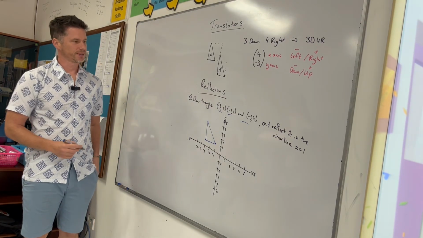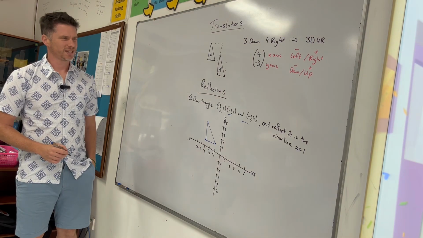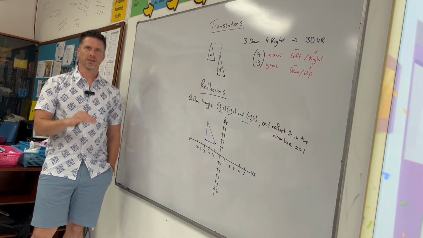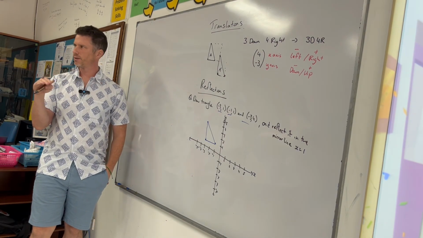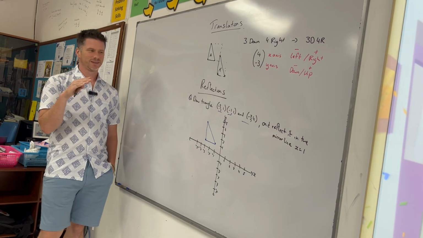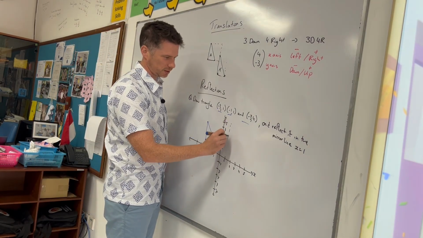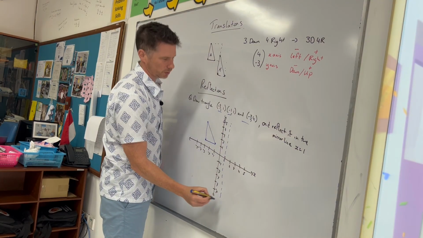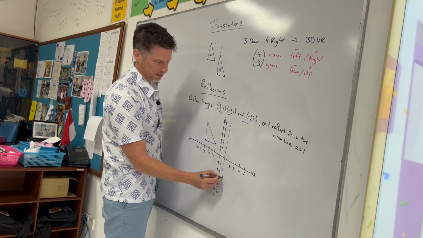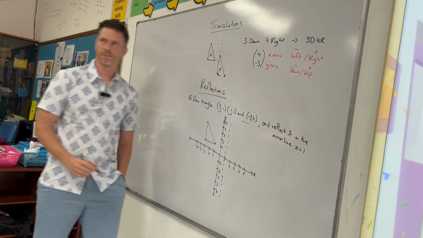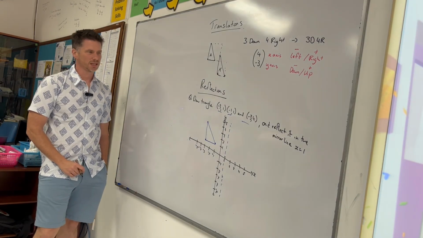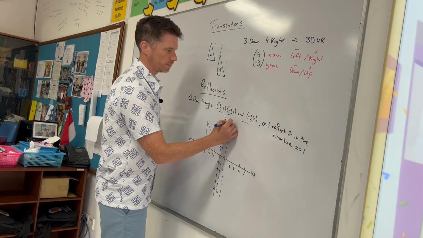So x equal to 1, is that a vertical line or a horizontal line? Vertical, yes, because it's got to go through the x-axis at 1, so it's a vertical line. Here is my, whoa, slightly diagonal mirror line. It's a line through x equal to 1.